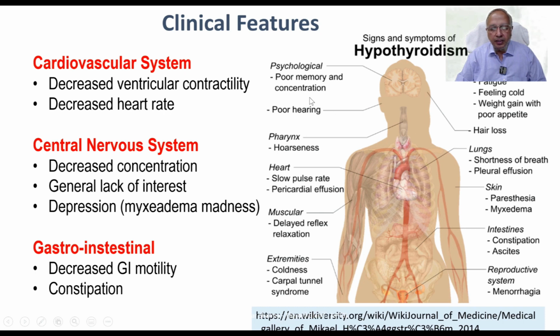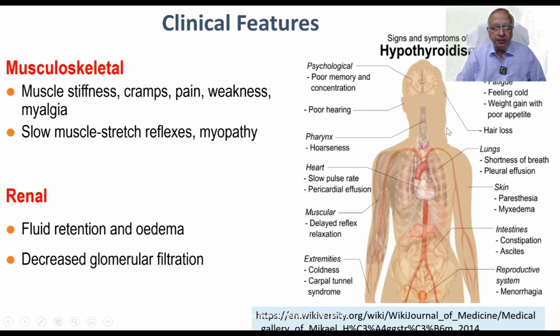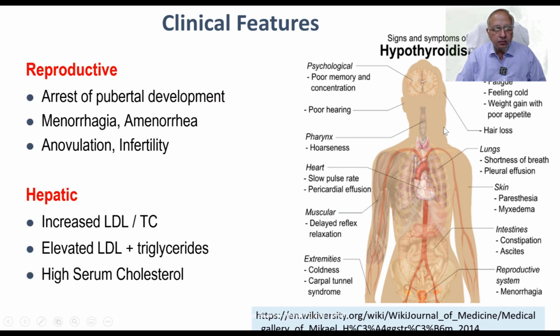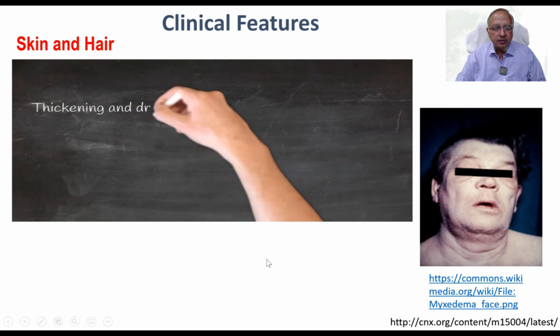Psychologically, poor memory, poor concentration and poor hearing. In the hepatic side, there can be an increase in the LDL and total cholesterol ratio, an increase in LDL and triglycerides, and a high serum cholesterol is present.